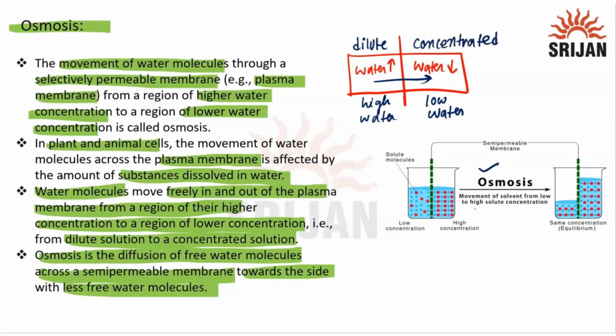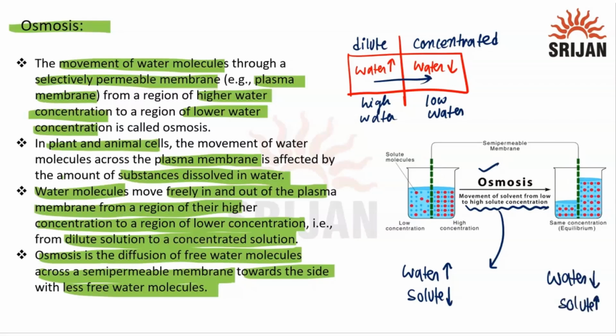So one question can be asked: why do they say movement of solvent from low to high solute concentration? Definitely when the water or solvent is high in number, the solute is low in number. So it is passing from low solute to high solute, and where the water is less, the solute is more. What is passing?